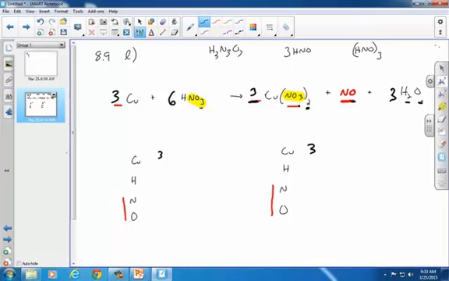On this side, I would have 7 nitrogen, so that's not going to work with the 6 I have. So that would give me 3 times 2, 6, 18, 22 oxygen.